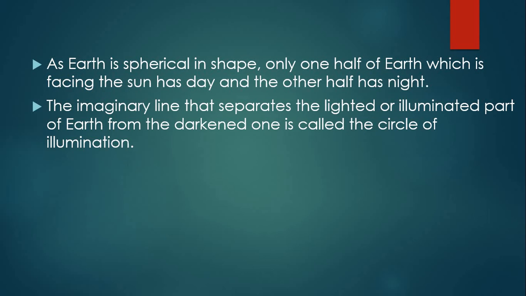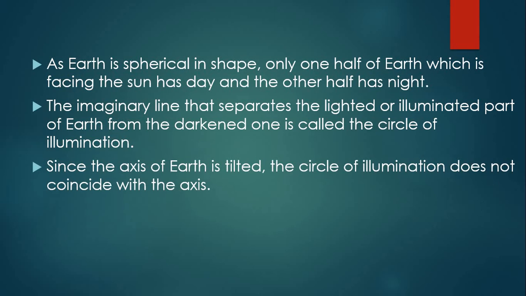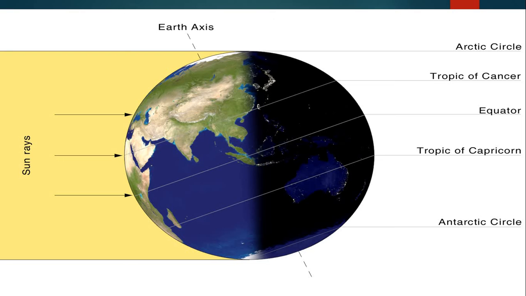The imaginary line that separates the lightened or the illuminated part of the Earth from the darkened one is called as circle of illumination. Since the axis of the Earth is tilted, the circle of illumination does not coincide with the axis. Here is the image of circle of illumination.